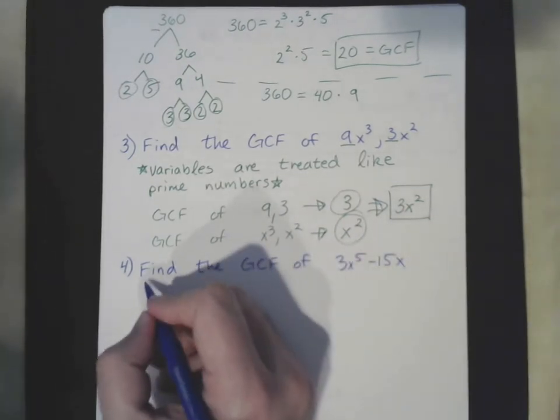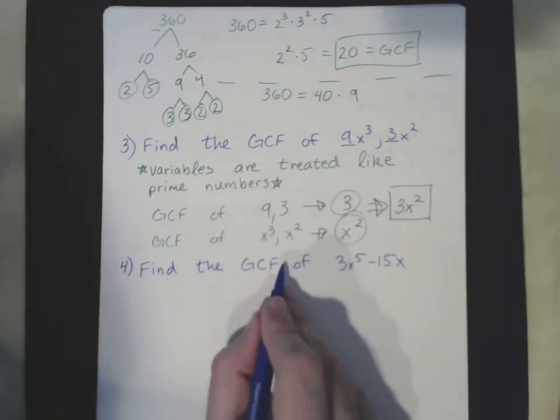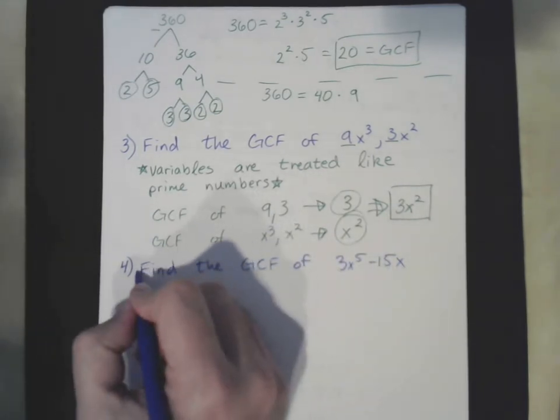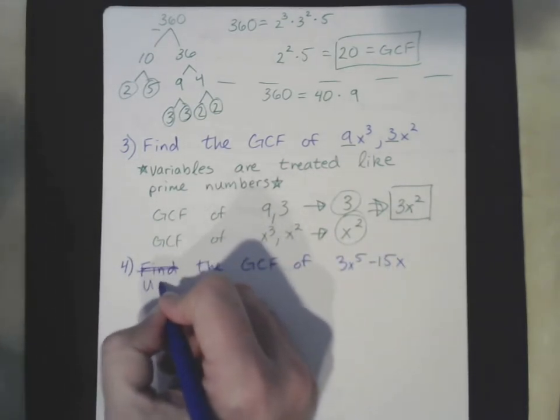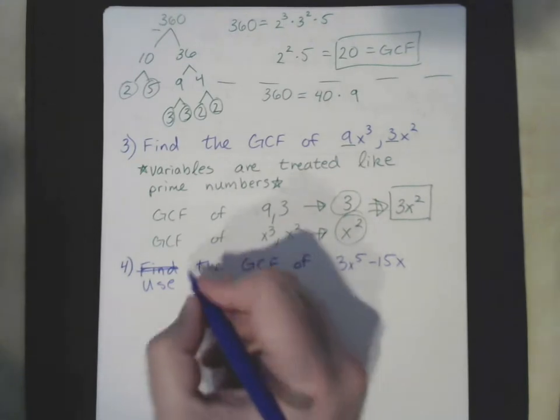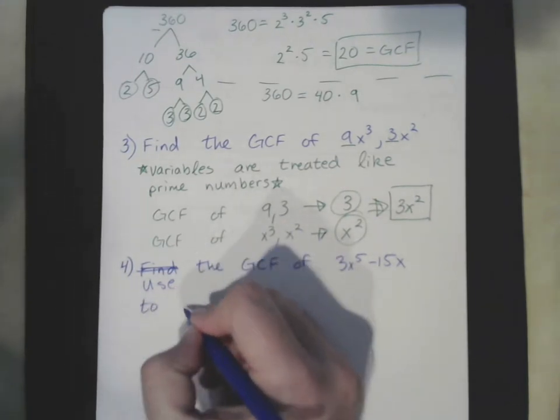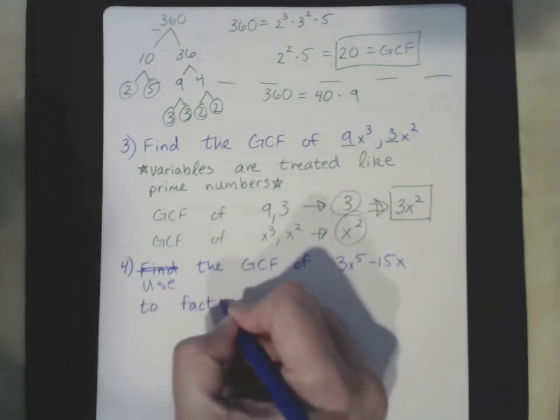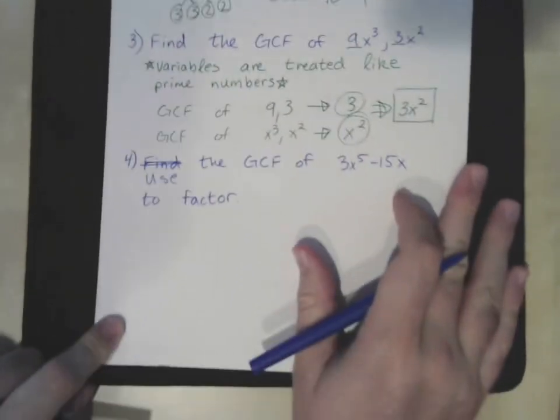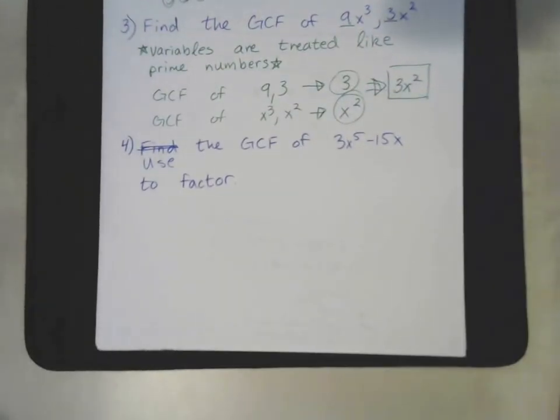And our goal here is really not to just find the GCF, but we actually are going to use the GCF to factor. So this video and the next one, they are factoring sections, so it makes sense we should get to factoring.